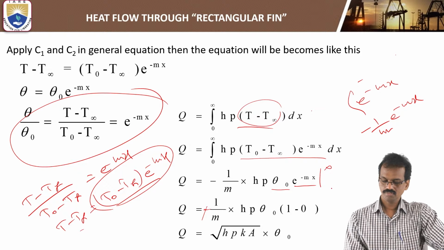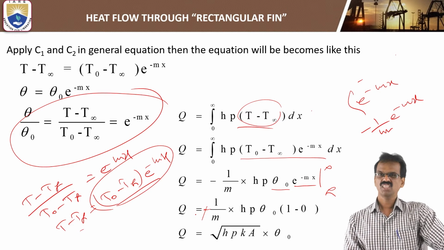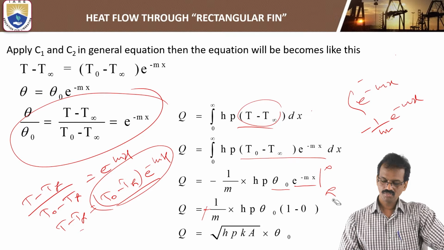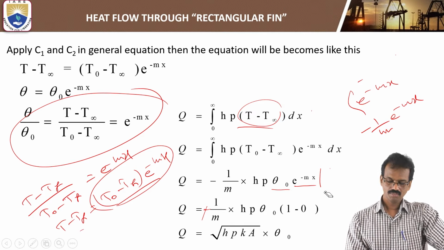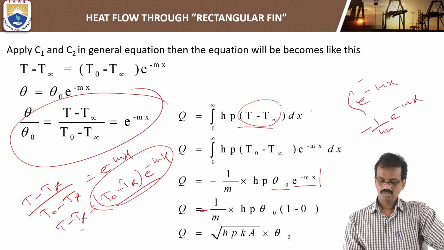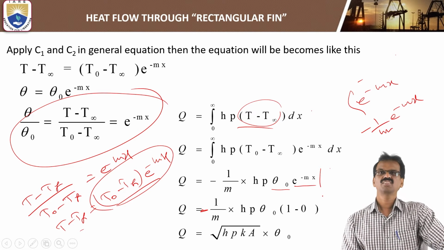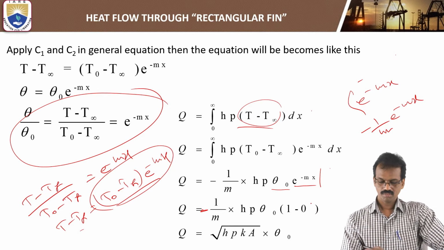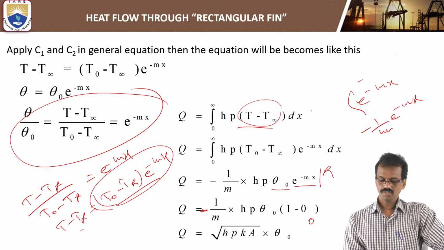0 to infinity. If you apply this limit, e to the power of minus m infinity is equal to 0, as we discussed in the previous slide. So it goes from infinity to 0.